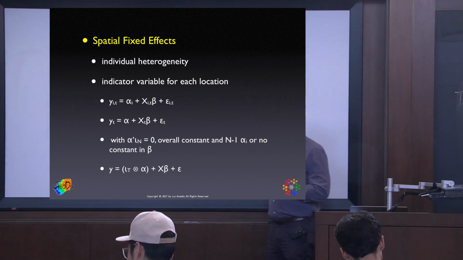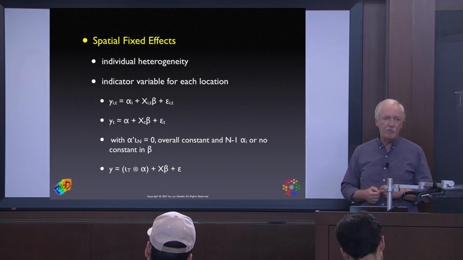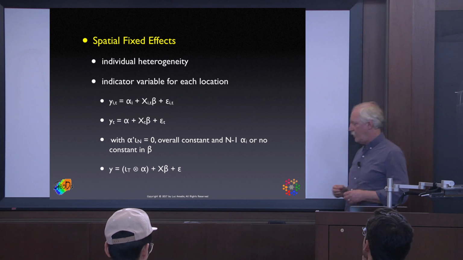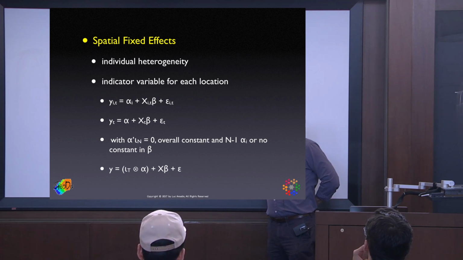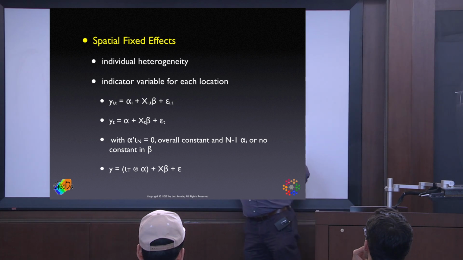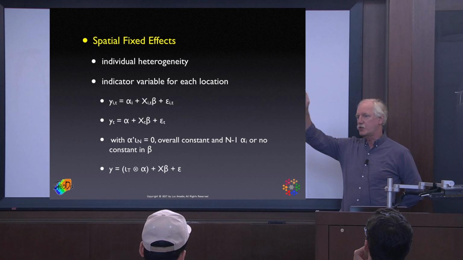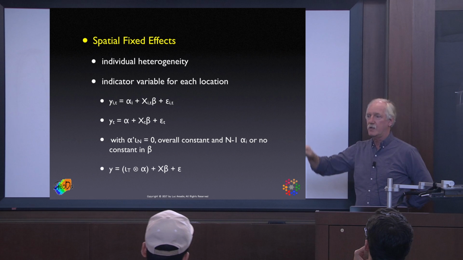So the notation again, to get us back to the matrix notation, the dependent variable is an n by t vector. The X matrix is an n by t by k matrix. The remaining error term is an n by t vector. And then this here, you have to think about this as a cross-section of individual fixed effects for one time period at a time.